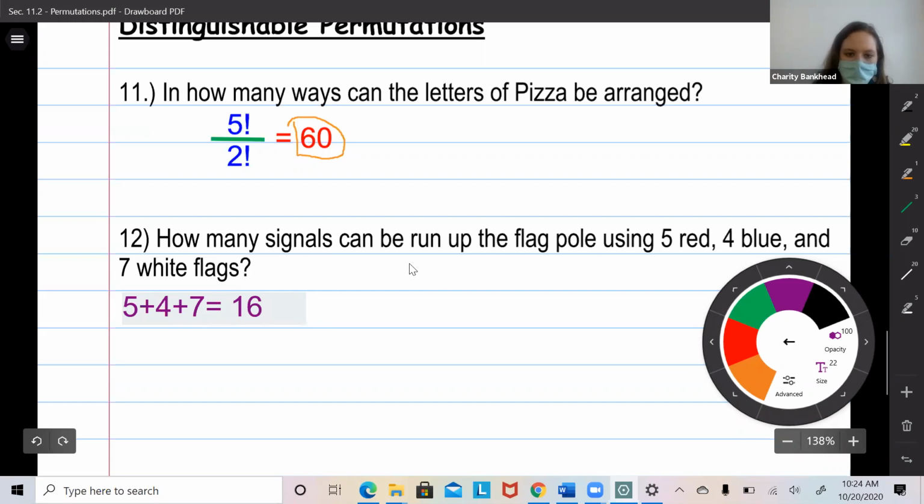So I'm going to start by doing 16 factorial, and that's going to be over 5 factorial times 4 factorial times 7 factorial.